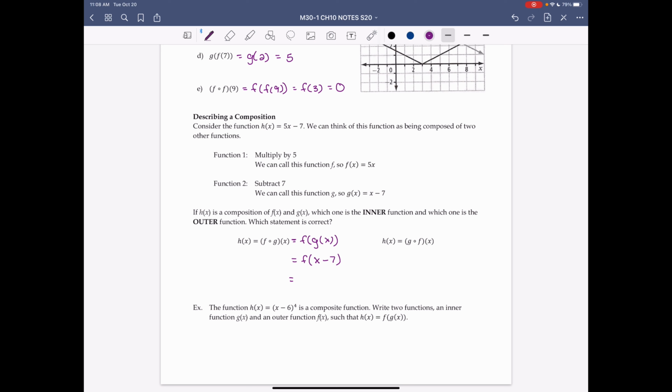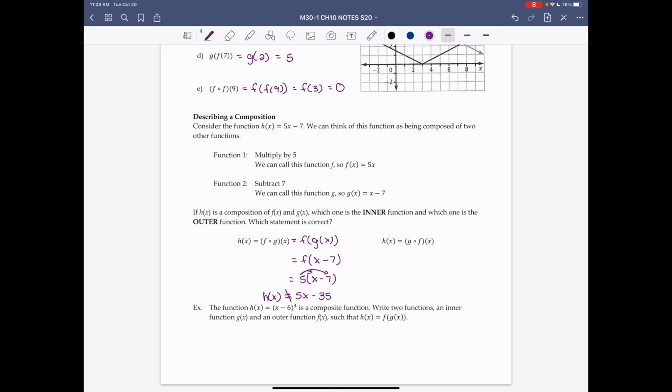And then we substitute what's in the brackets into f of x for x. f of x is 5x, so this would be 5 times x minus 7. And then we simplify by multiplying the 5 into the brackets, which would give us 5x minus 35, which is not h of x. So this is not equal to h of x.